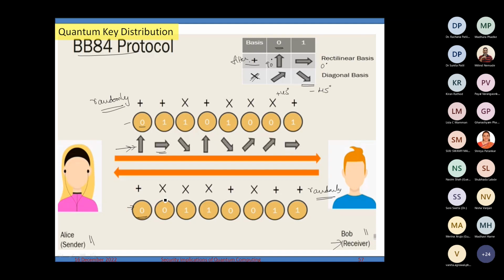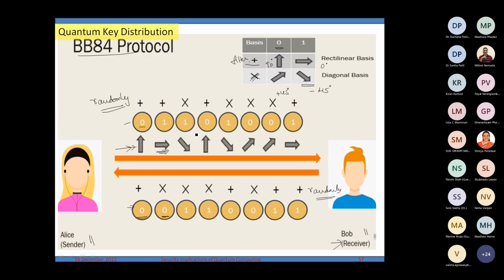Now look at the second bit. Alice has sent 1, and the corresponding photon state is the 0 degree state. When Bob has applied the diagonal filter, he gets the value 0, which is not correct actually.